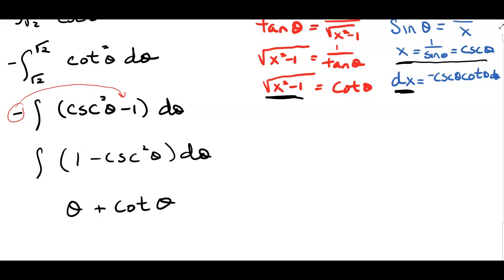Because the integral of cosecant squared d theta is negative cotan theta.